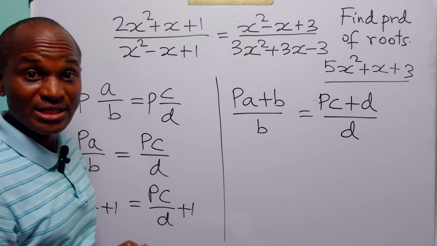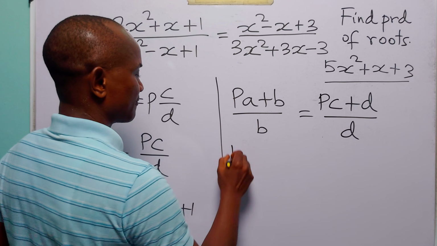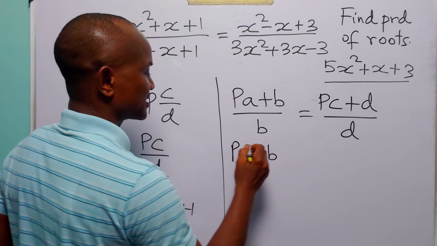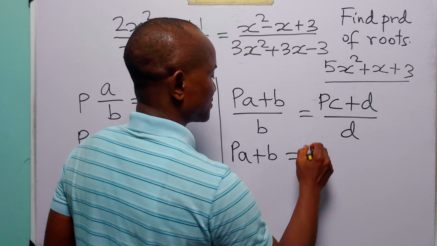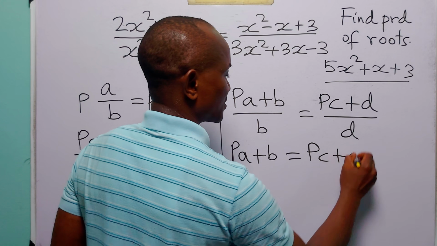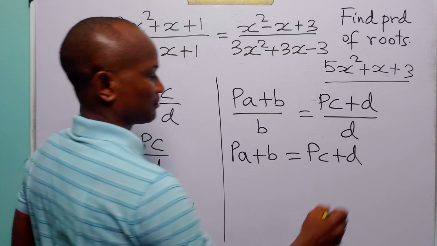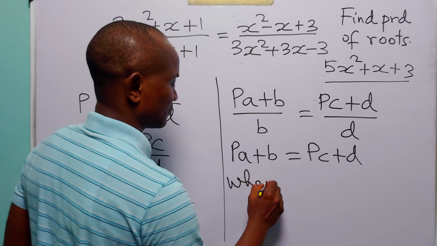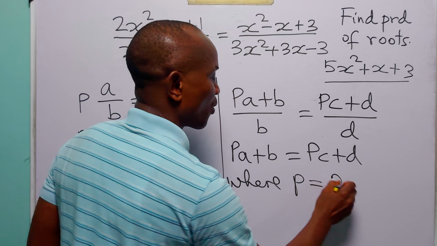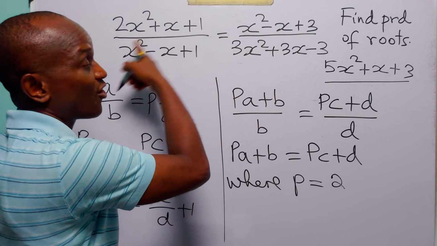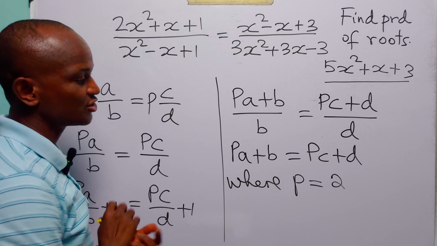Now we have already shown that PA plus B is equal to PC plus D, where P is equal to 2 in the case of this particular equation.